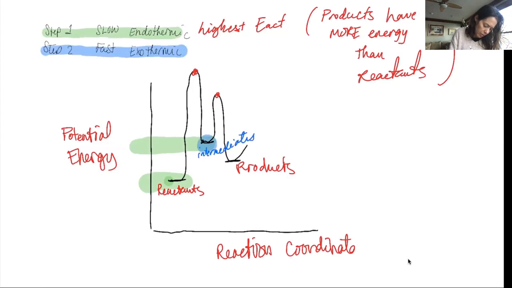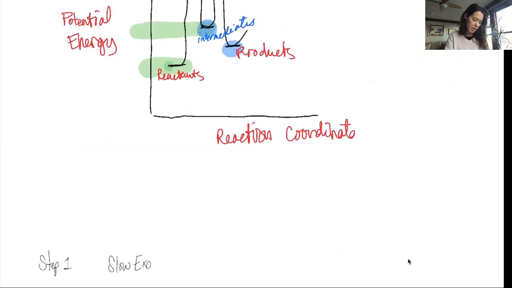So we see that the reactants in the second step have more energy than the products in the second step. So energy has been lost, right? Products have less. Okay, hopefully that makes sense to you.